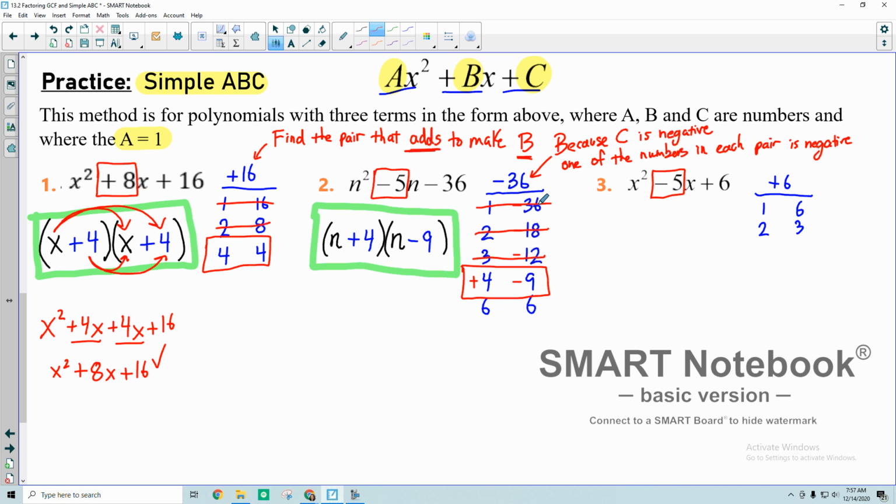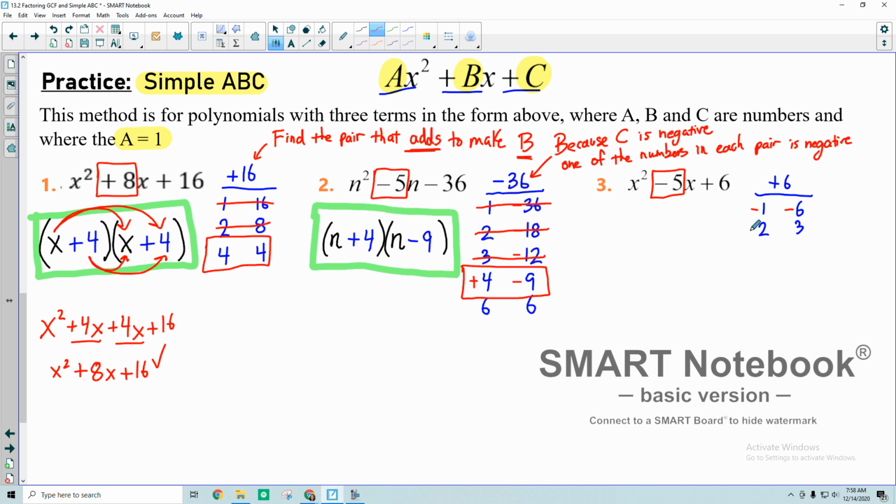A positive and a negative multiply to make a negative. But I can also have a negative and a negative. If we remember this, a negative and a negative multiply to make a positive. So what if all of these numbers were both negative instead of both being positive?